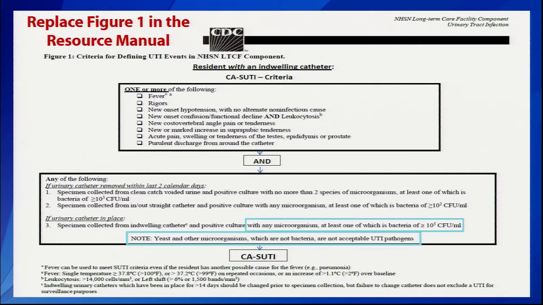Just take them all the way out, because I would hate for you to take those manuals back to the long-term care facility IPs and them accidentally use what's in here. So take them out completely and replace them with these. The protocol on the website does have the corrections as well. So if you printed the long-term care facility UTI protocol prior to February the 7th, you're going to want to trash that copy and reprint it, please.